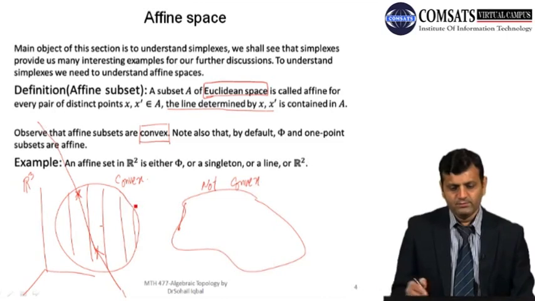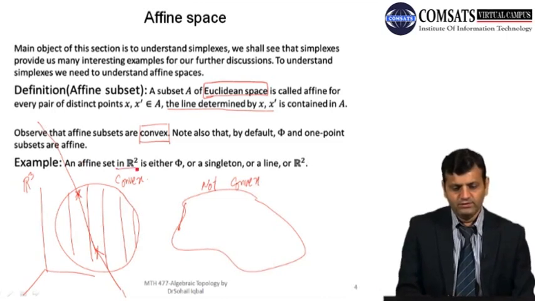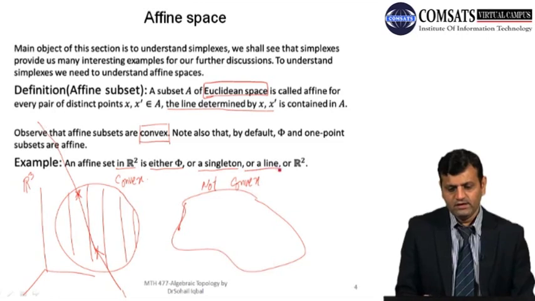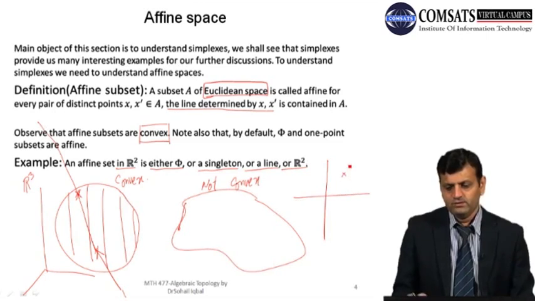Let's consider another example. Take R2 as Euclidean space. Then affine subsets of R2 are either phi, singleton, a line, or R2. So why is a singleton in R2, let's say this point xy, affine?